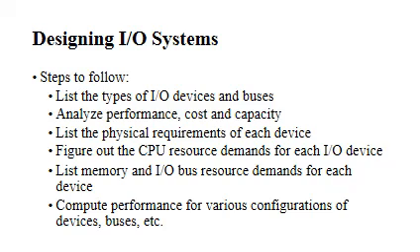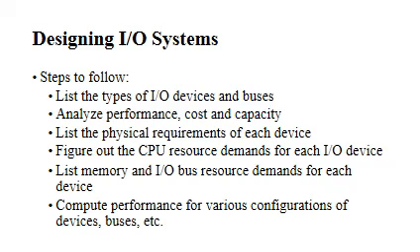Next, we need to figure out the CPU resource demands for each input-output device. That may be clock cycles to initiate, support the operation of, and complete a request, clock stalls from input-output access to memory, and clock cycles to recover from an input-output activity such as cache flush.